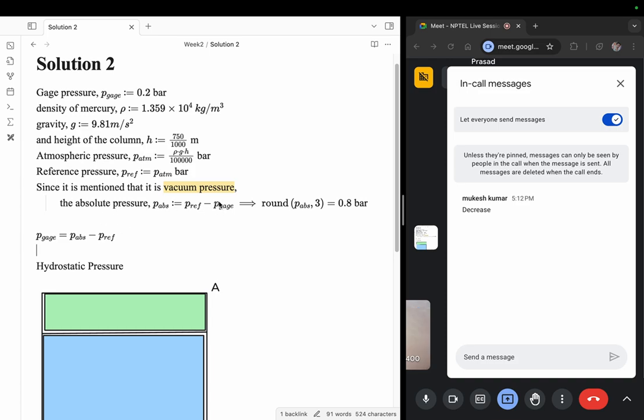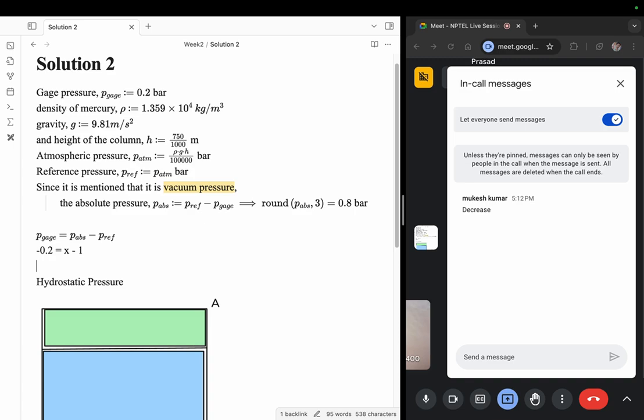So the P gauge here, I am just taking the direct value as it is. If you want to still use the same formula, then when you are substituting it, you have to ensure that P gauge you are substituting is minus 0.2 equal to P absolute, whatever is the x that you want to find, minus P reference. You can do it this way. Sir, P reference equal to the given 1 bar?